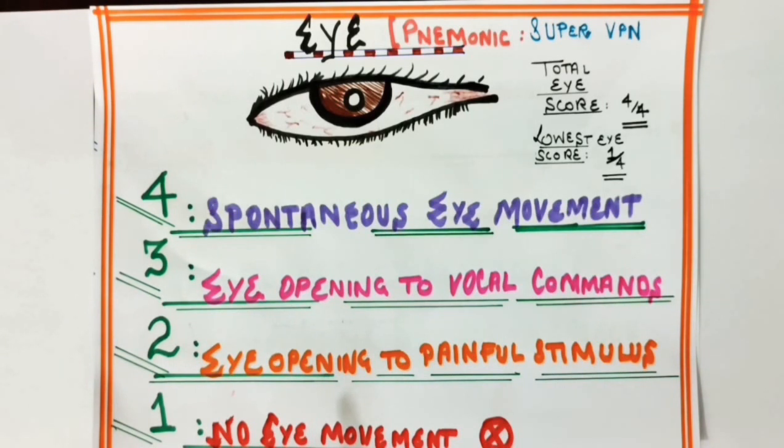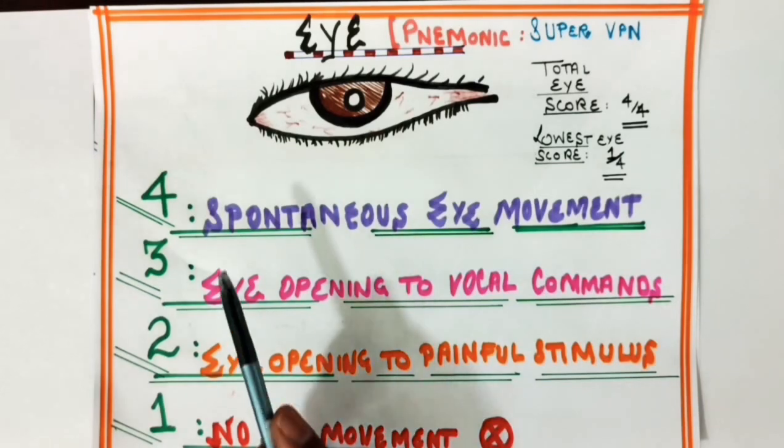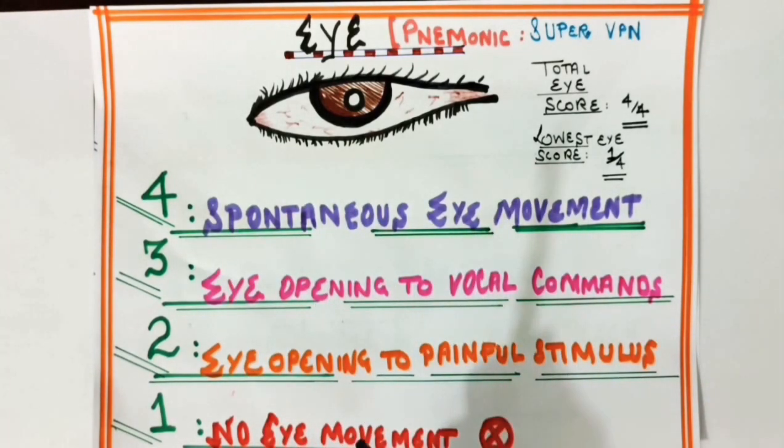He has suffered some minor bruises or lacerations, but he is having spontaneous eye movements and is opening and closing his eyes at his own will, and you're not instructing him to open or close his eyes or giving him any kind of painful stimulus. So that's going to give the patient a score of 4 by 4.